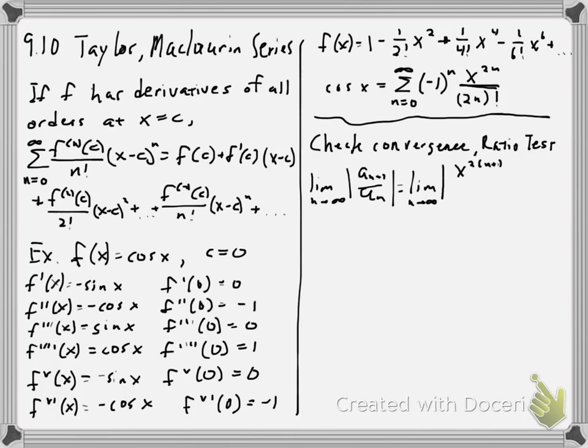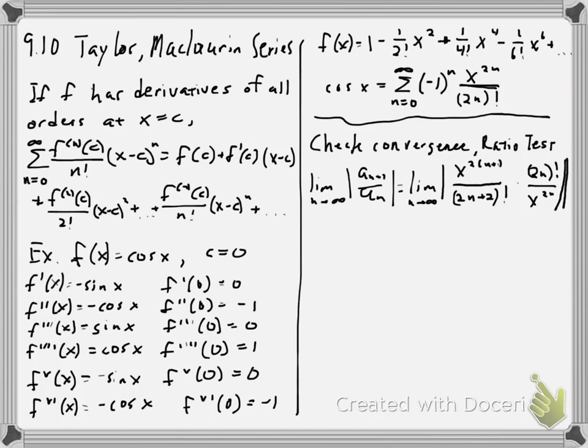We have to put n plus 1 in for n in parentheses, divided by 2 times the quantity n plus 1, which is going to ultimately be 2n plus 2, and I could put that in the exponent of x. If we distribute the 2, we get 2n plus 2. And then times the reciprocal of a sub n, which is 2n factorial divided by x to the 2n. And I'll put absolute value.